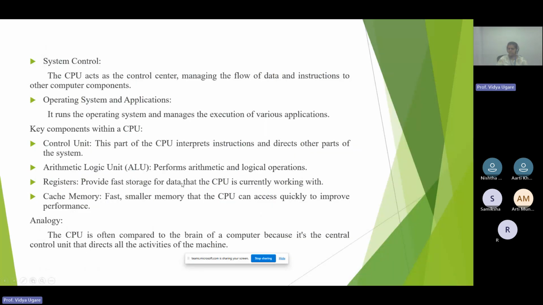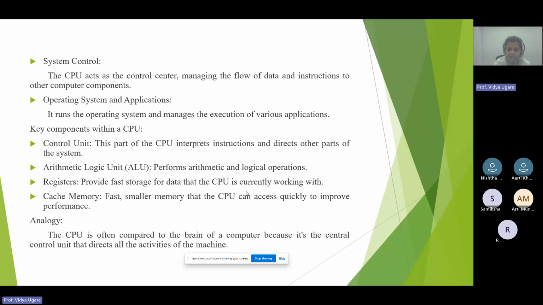Now see, registers and cache memory are memory stored within the processor. It means that when your CPU is manufactured in the factory, it is built with the ALU plus the CU plus memory. Which memory? Registers and cache memory, which are very small in size but very much faster than all the other memory.